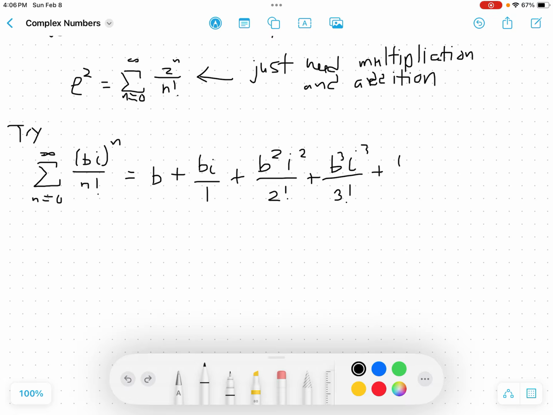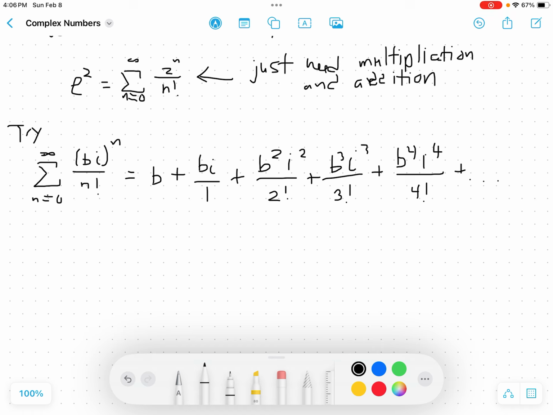So we'll have b to the 4th, i to the 4th over 4 factorial, keep on going.